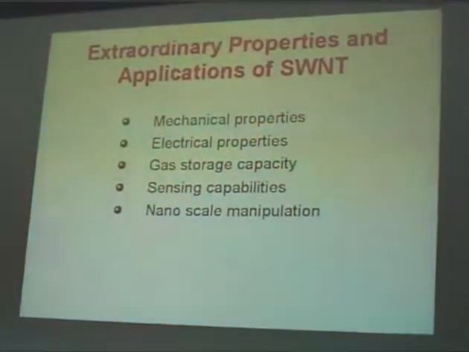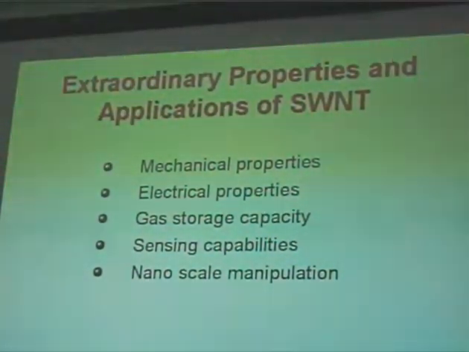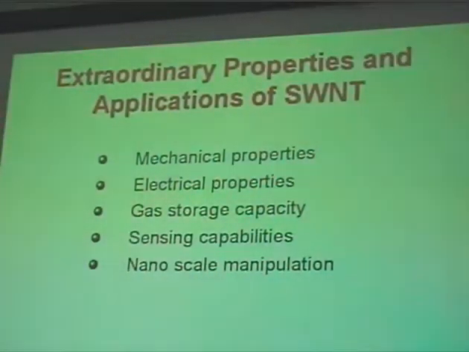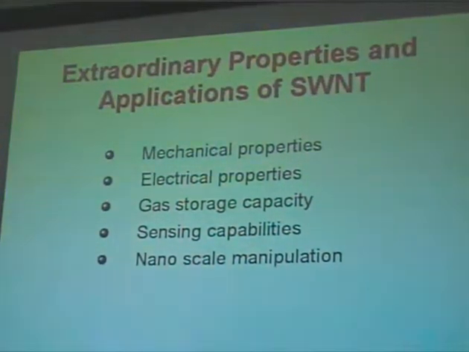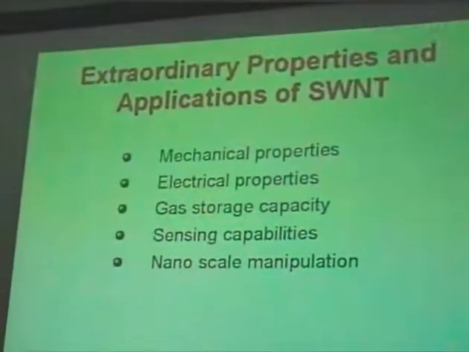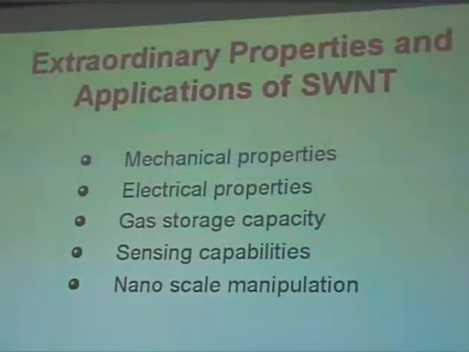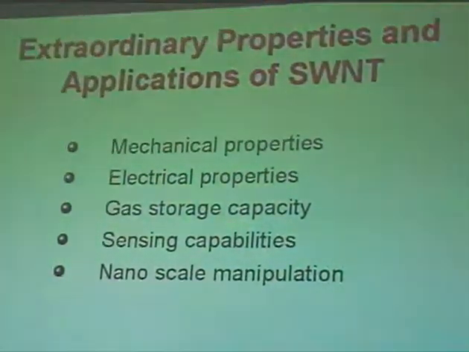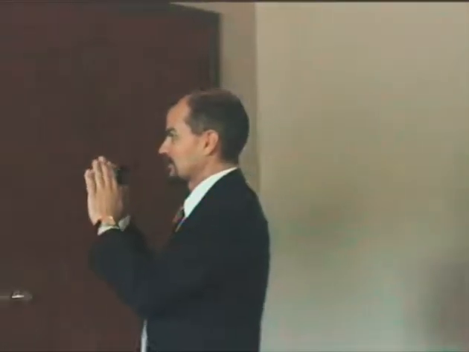Let me very briefly tell you about the properties of single-wall nanotubes and the potential applications. They have very unique mechanical properties. The tensile strength of this material has been calculated to be 200 or 300 times that of steel. So the possibilities to make extremely strong and extremely light materials are tremendous. Electrical properties are also very interesting. Depending on the helicity, how they actually fold into a tube, they can be metallic or semiconducting.